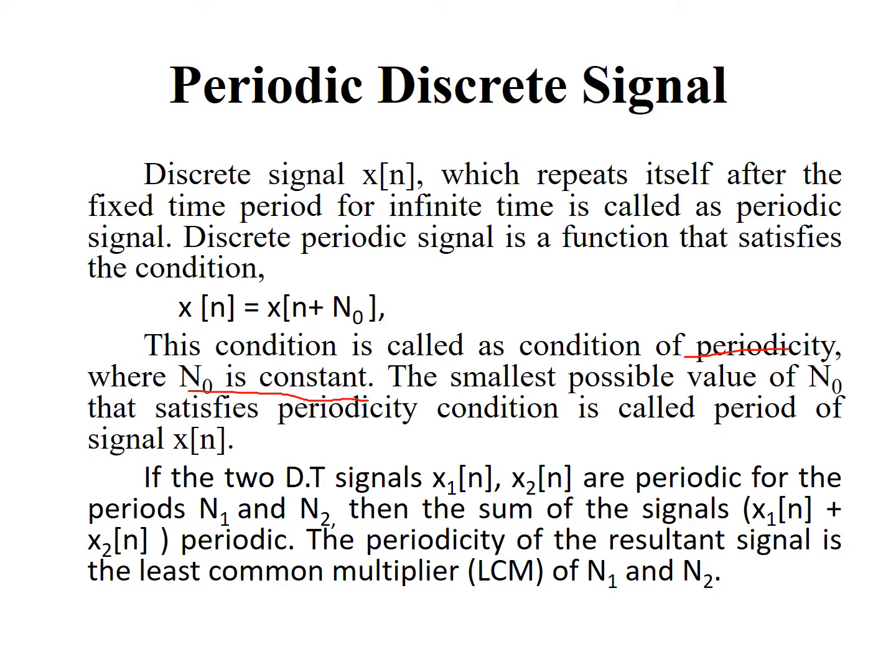The smallest possible value of N0 that satisfies the periodicity condition is called the period of the signal x of n, or the fundamental period. Note here, if the two discrete time signals x1 of n and x2 of n are periodic with periods N1 and N2, then the sum x1 of n plus x2 of n is always periodic. The periodicity of the resultant signal is the least common multiple of N1 and N2.